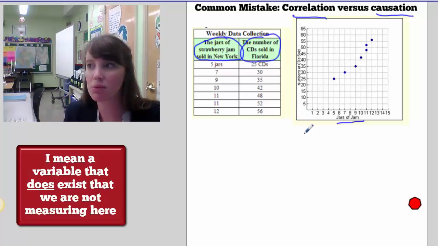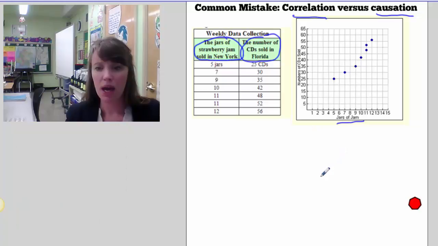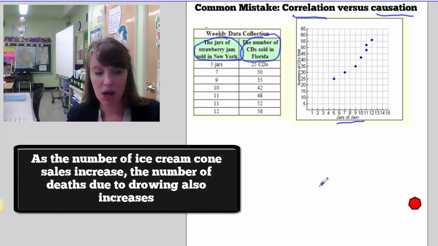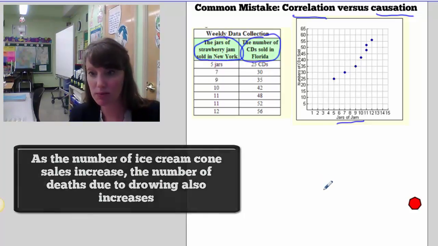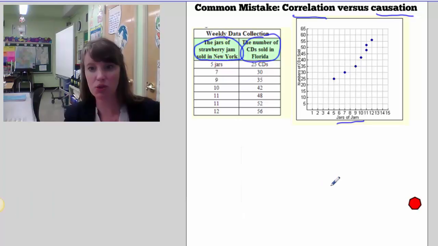A good example of this is that as the number of ice cream cone sales increases, the number of deaths due to swimming also increases. Why would we think that those two things have anything to do with each other? Do ice cream sales cause swimming deaths?